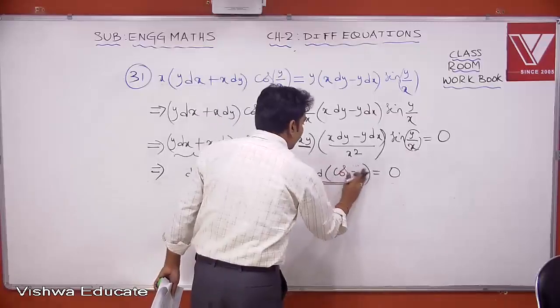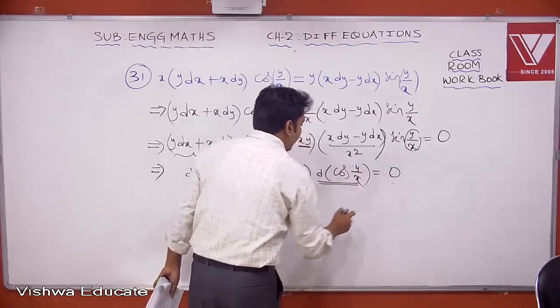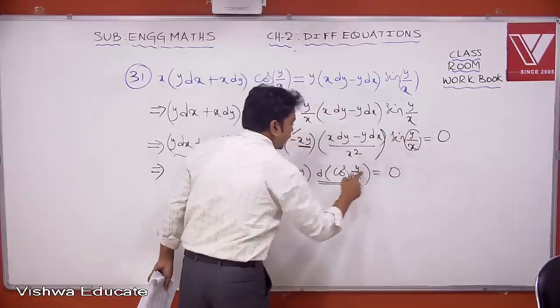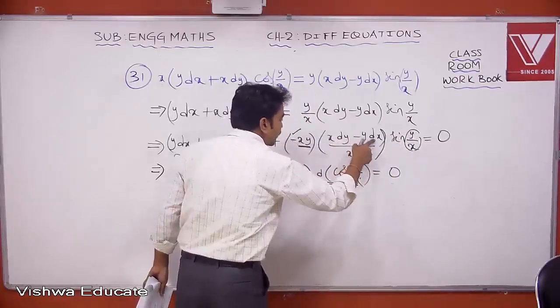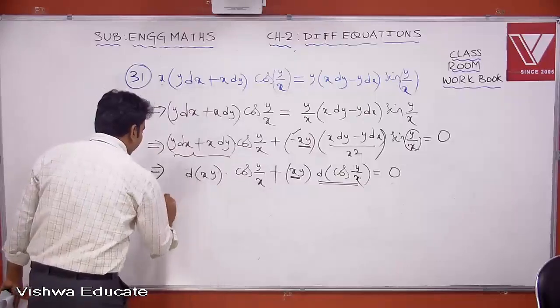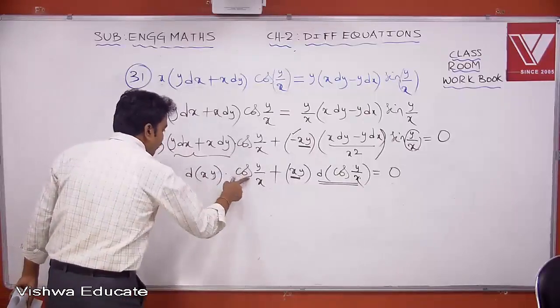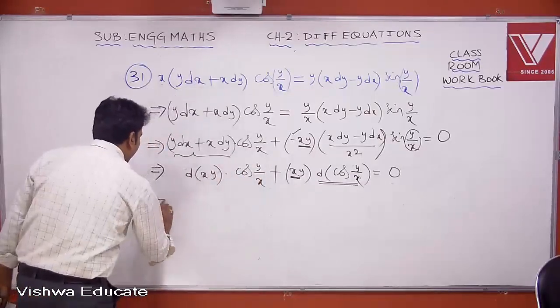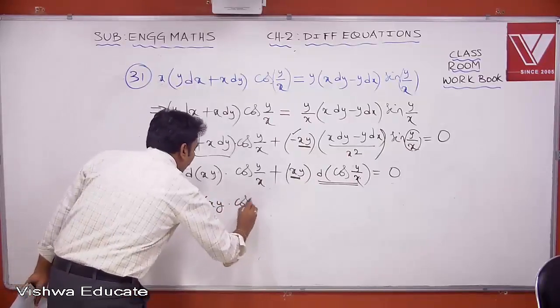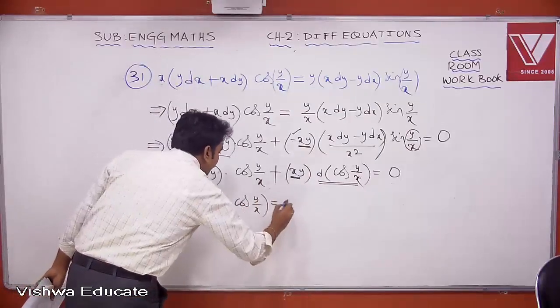Basically this is y by x. So therefore cos y by x derivative is minus sine y by x into y by x derivative, x dy minus y dx by x square. Therefore this is in the form derivative of xy into cos y by x plus xy into derivative of this. Therefore this is nothing but derivative of xy into cos y by x equal to 0.